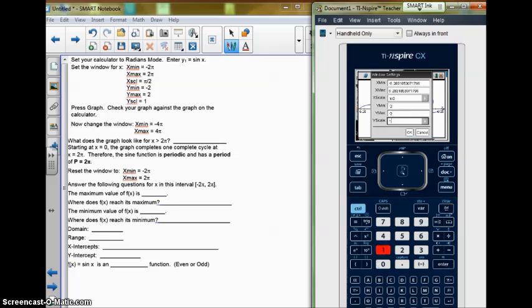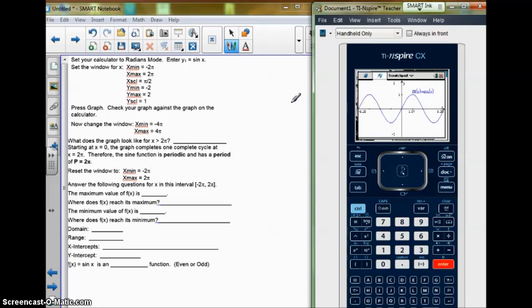Okay, and then we're going to tell the calculator, okay, that's good. So hopefully yours now looks like that, and that's pretty much what the graph we made together on the front sheet of paper looked like, and the scale we set up there was the same as the one on our paper.